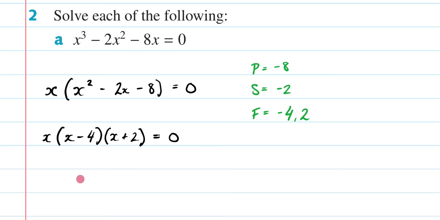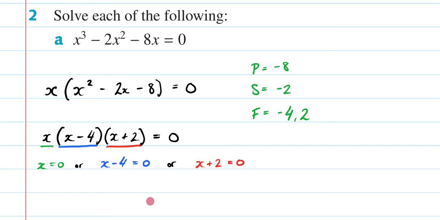So in other words, what I could say is that either x is equal to 0, or x minus 4 is equal to 0, or finally, x plus 2 is equal to 0.